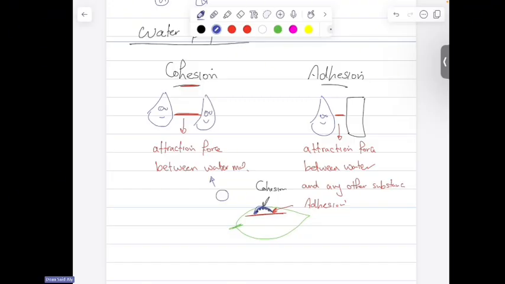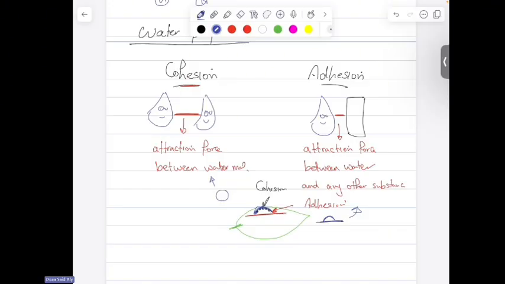But if they ask what causes the water droplet to stick to the leaf, it will be adhesion. لأن أنا عندي water is one substance والleaf is another substance; for two different substances, this is the adhesion.